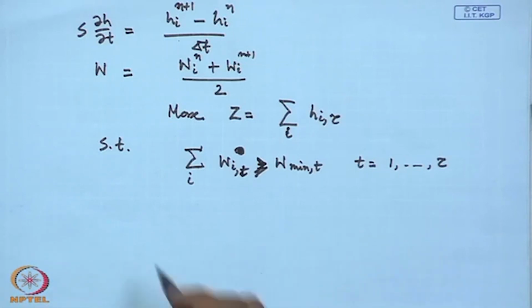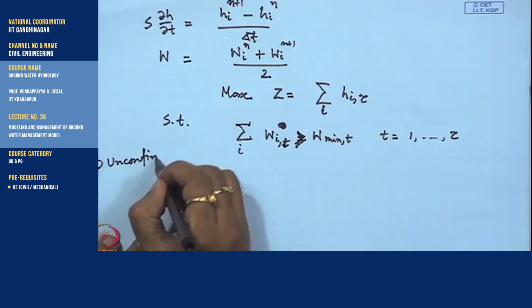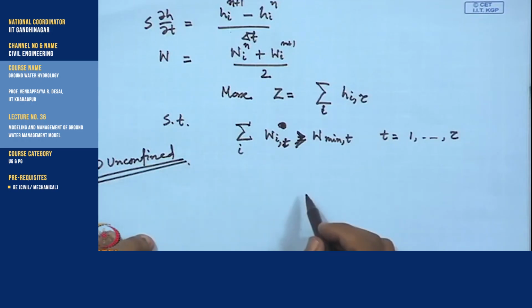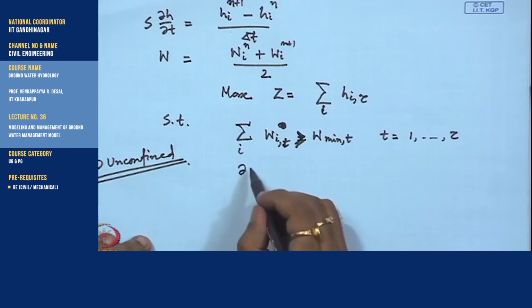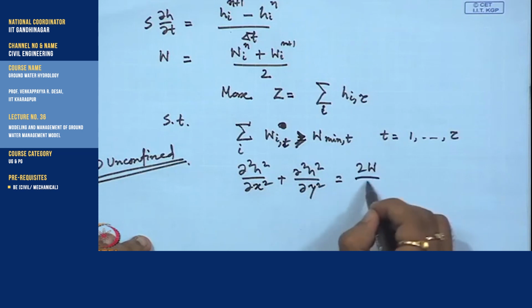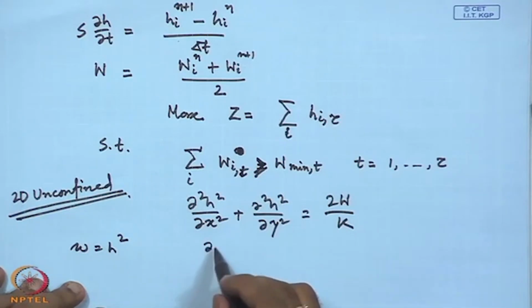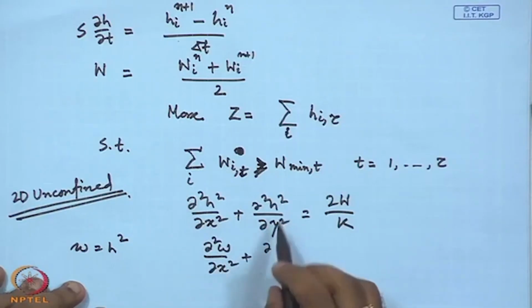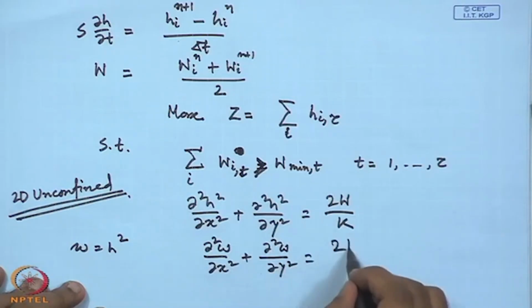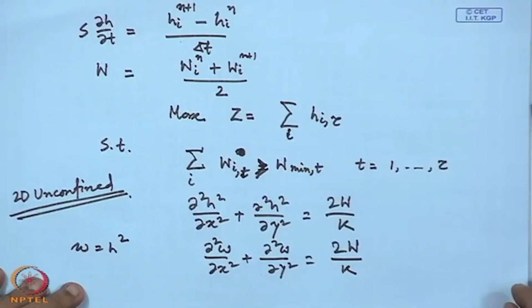Finally, if we have a 2D unconfined aquifer situation, then we have the equation like this, and with our usual substitution for unconfined aquifers, we can rewrite the equations as del 2 w by del x square plus del 2 w by del y square equals 2 W by K. We can discretize this particular equation with our finite difference formulation.